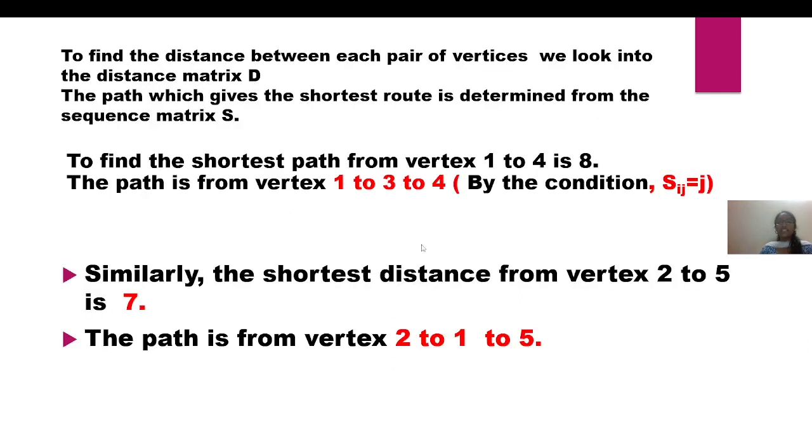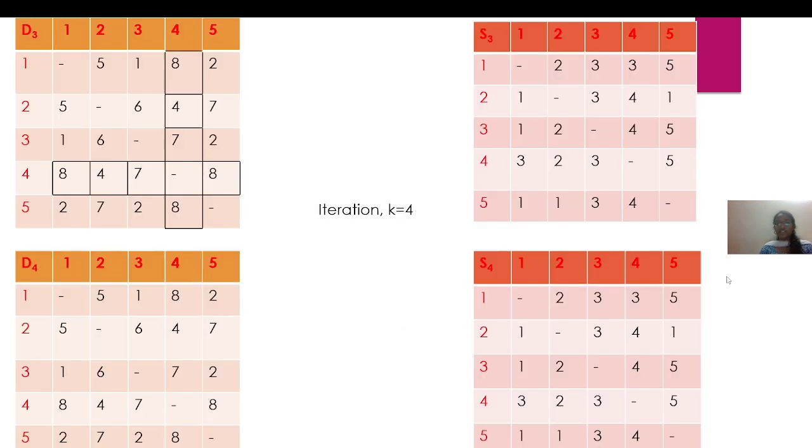We'll consider another example, that is the shortest distance from vertex 2 to 5. So from 2 to 5 it is 7. We'll see through which path, that is, we will check in the vertex sequence matrix from 2 to 5. So S2 to 5 we should get 5, but we have 1, which indicates that 1 is the intermediate vertex. So we will check S1 to 5.